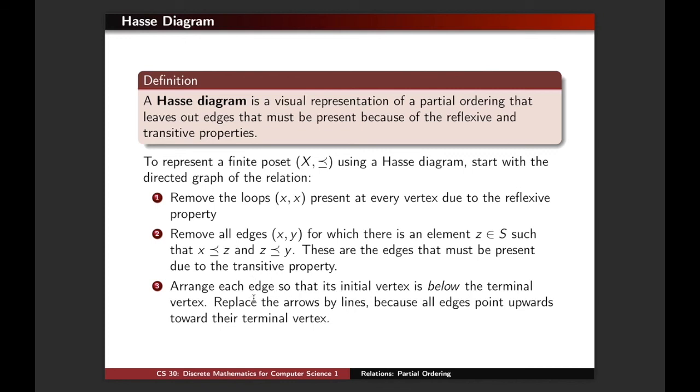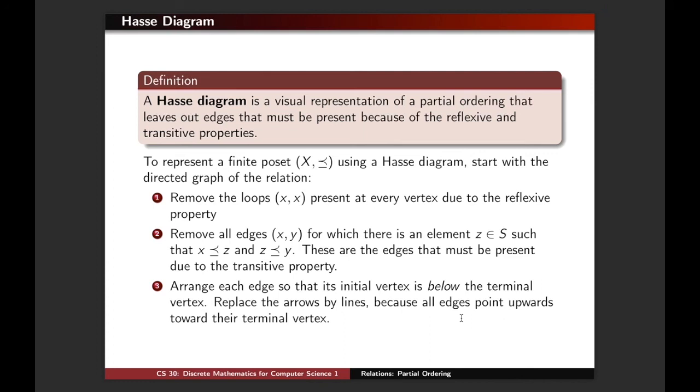So for each edge, we want to arrange them such that the origin of the arrow is below the destination of the arrow, so that the direction is clear. We can then replace the arrows by lines because all edges point upwards towards their terminal vertex.